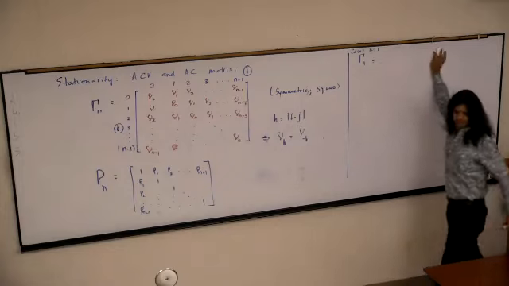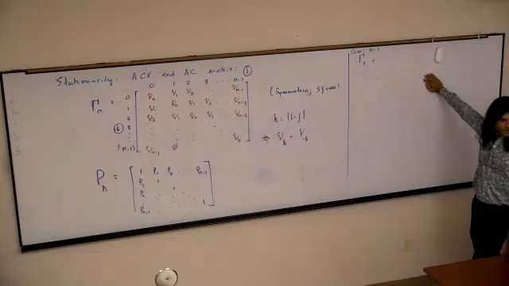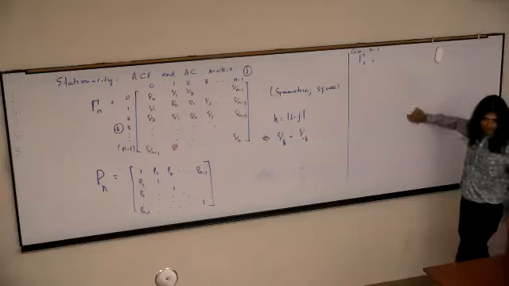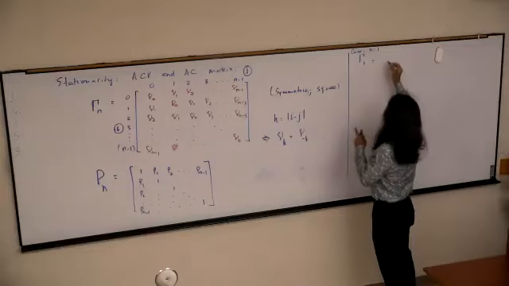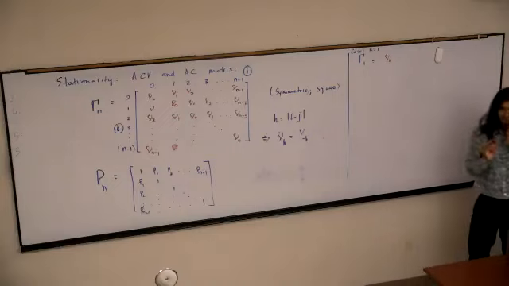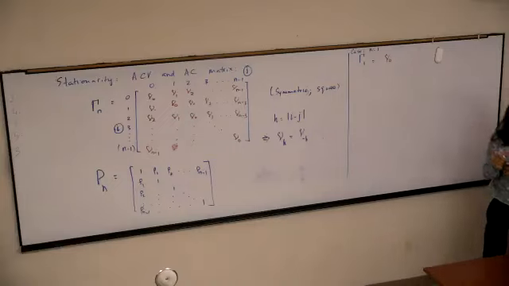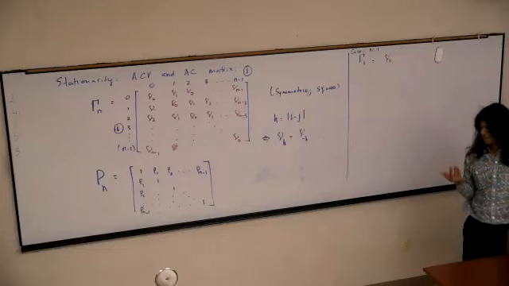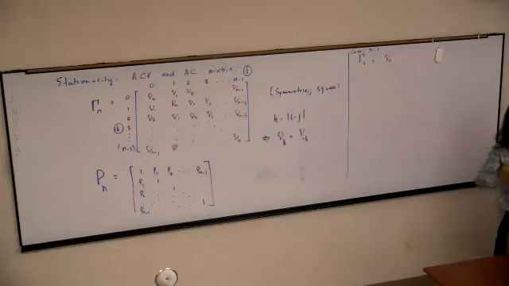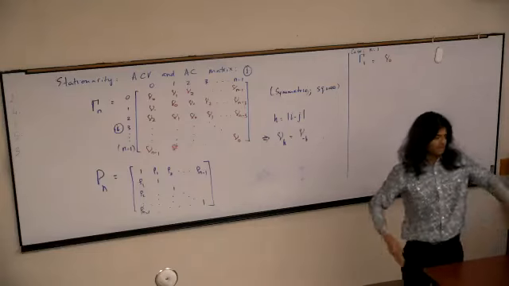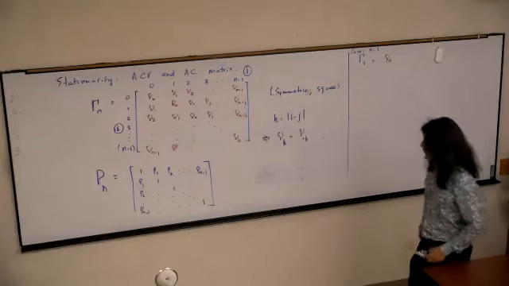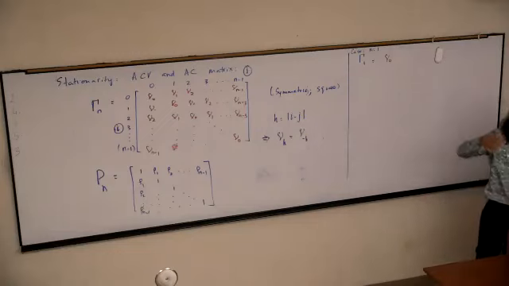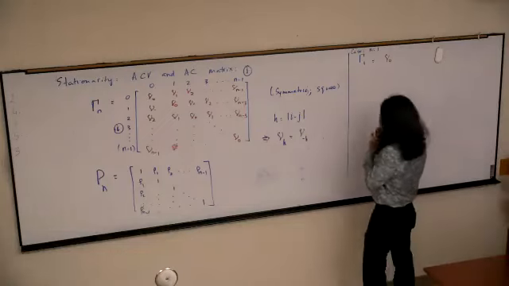What would that correspond to? It will simply be gamma naught. That's it. So this is a case where you have variance and a model where you don't have any correlation. So xt is not related to xt minus 1, or at is not related to at minus 1.